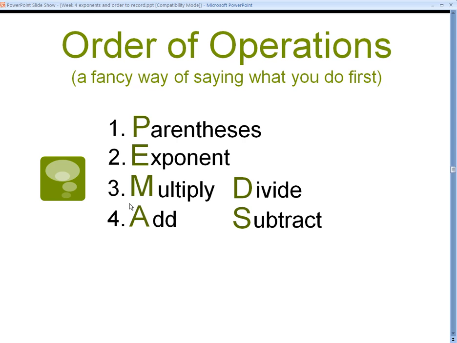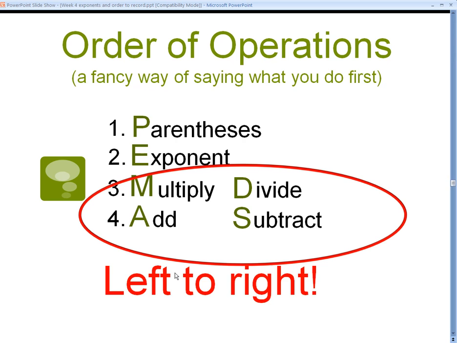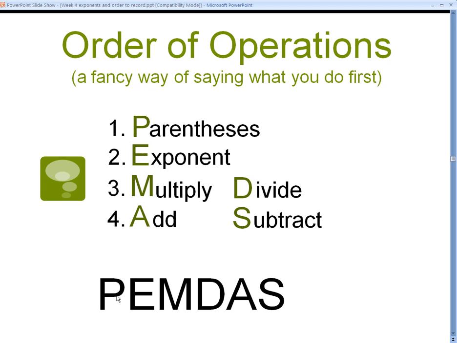We talked about this at the beginning, or in the class video. This is how a lot of people remember it. You may have heard this before. Oh, by the way, the multiply, divide, and add, subtract, you work from left to right on those. Some people remember this as PEMDAS: parentheses, exponent, multiply, divide, add, subtract.